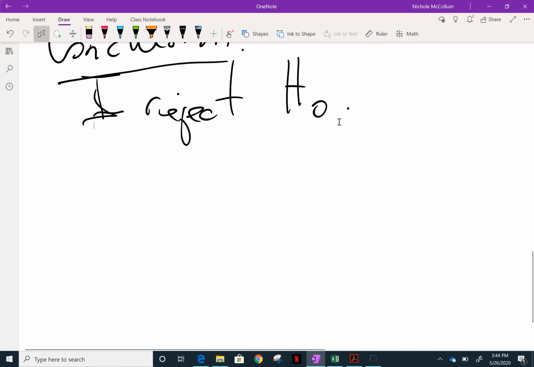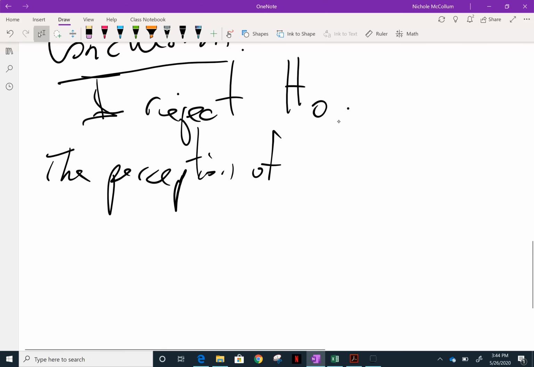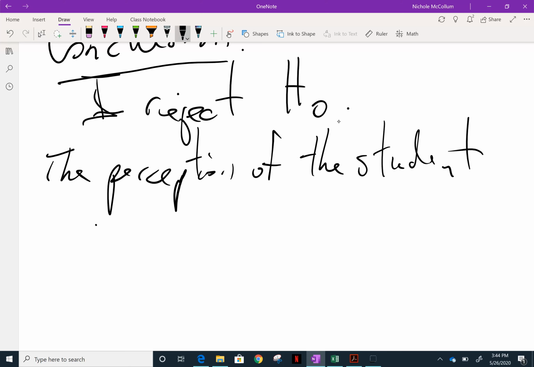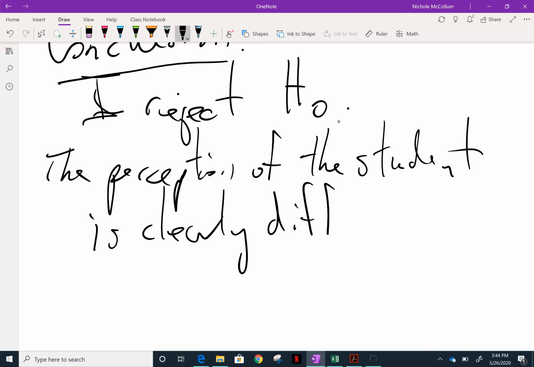My perception, the perception of the student, is clearly different than mu, the national average. And I shouldn't even write mu. I should write the classroom average of 3.1. And hence, the definition of the spotlight effect, when somebody creates a faux pas.